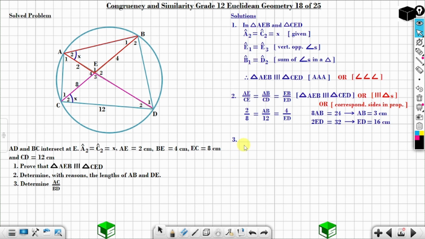Now question 3, determine AC over BD. Okay, AC and BD.